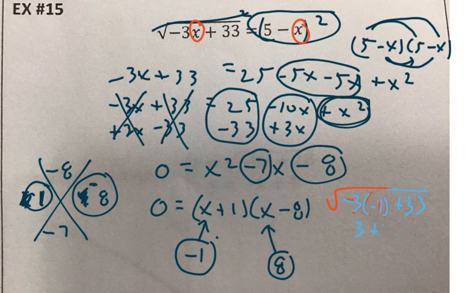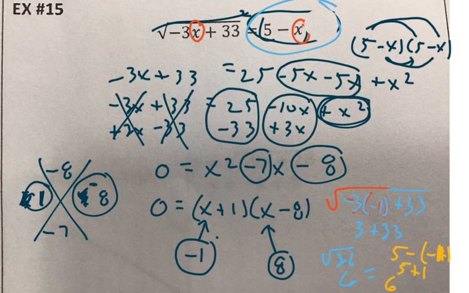That's 3 plus 33, which is the square root of 36. That's a 6. Notice on the right side, before we did all that math, we had 5 minus our x, which is negative 1. And isn't 5 minus negative 1 the same as 5 plus 1, which is 6? So negative 1 actually worked.